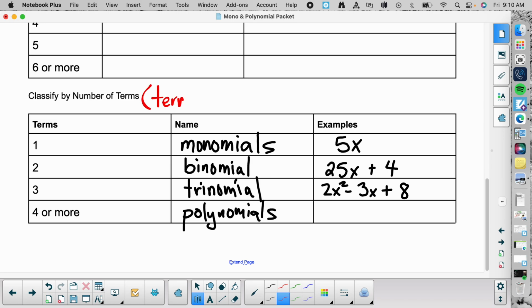Terms. Ooh, is it an A or an E? A? Separate, I think? Separate. A?